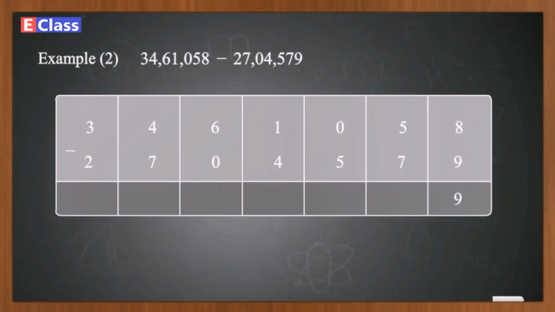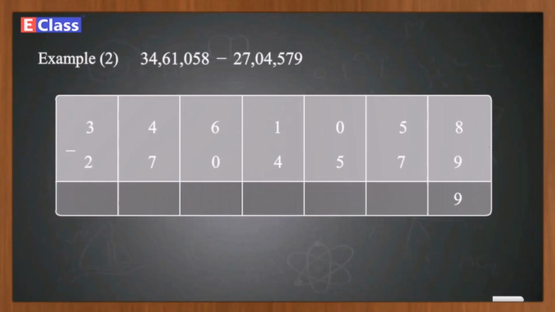Now we subtract the tens place. But we had borrowed 1 ten from 5 tens of the tens place. Therefore, 4 tens remain at the tens place. We cannot subtract 7 tens from 4 tens. Therefore, we shall borrow 100 from the hundreds place, but there is 0 at the hundreds place.